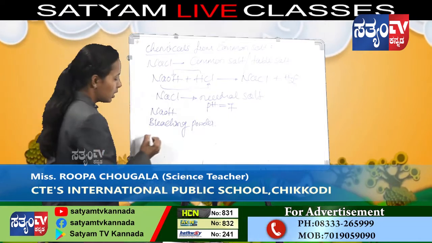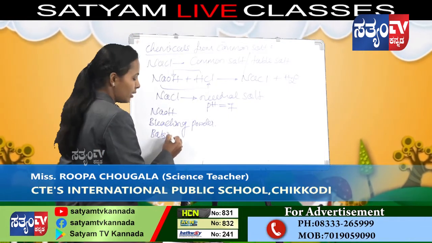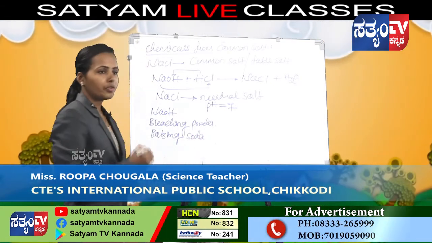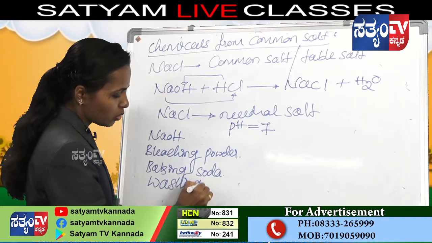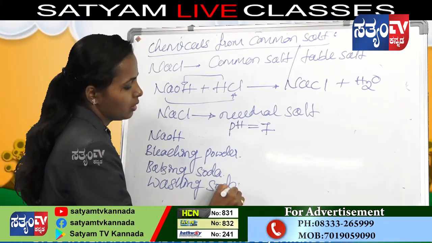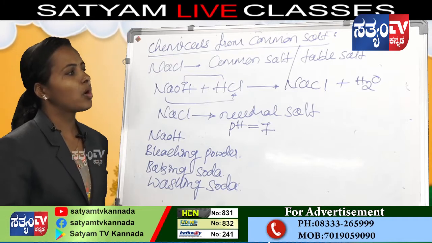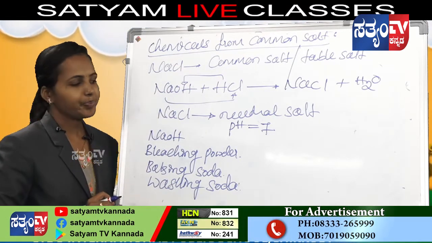And the third one is baking soda. Then the fourth one, washing soda. These are the chemicals prepared with the help of this common salt, that is NaCl.